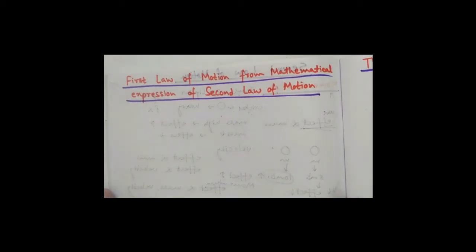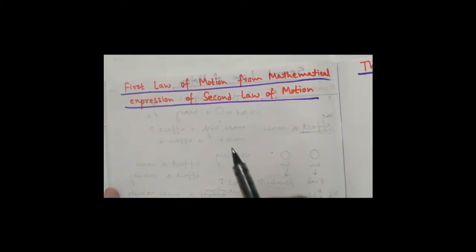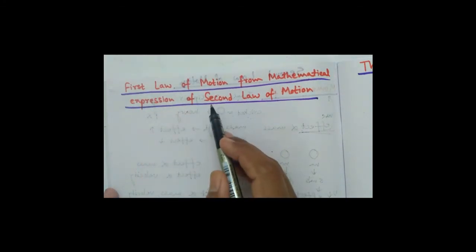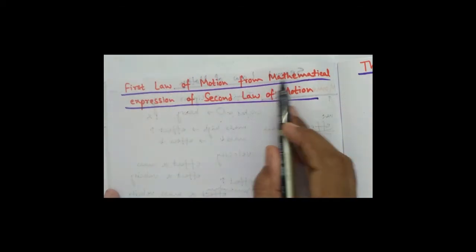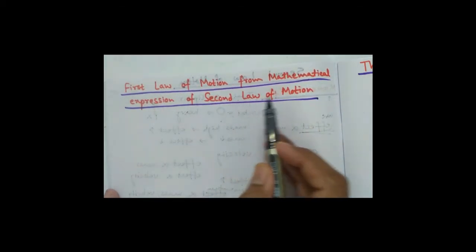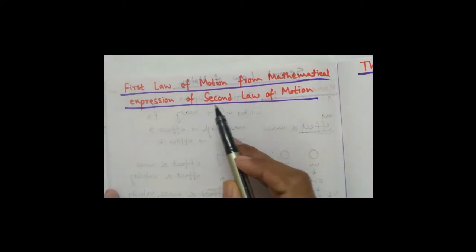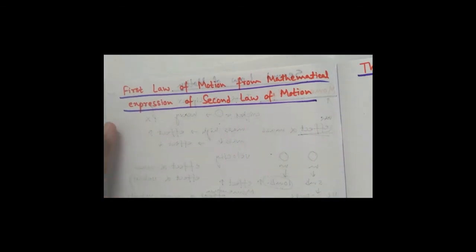Now, in today's class, let's start with the topic: how to understand the first law of motion with the help of the second law of motion, from the mathematical expression of the second law. That means we can easily understand the first law with the help of the second law. How is it so? Let's find out.